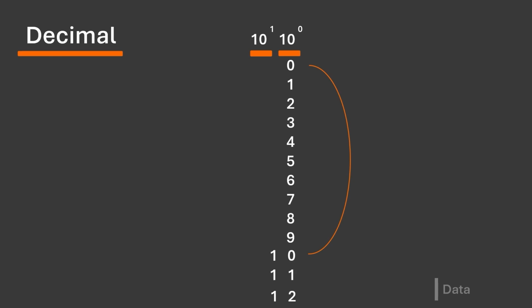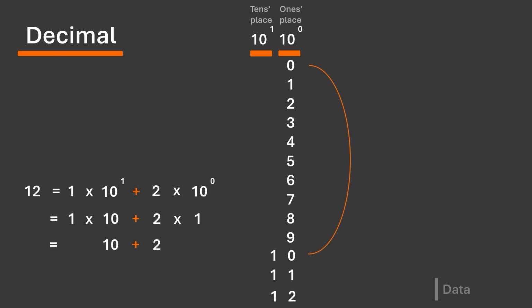And now we can carry on further. 11, 12. Notice the column headers on the top. The rightmost column represents the ones place, which is 10 to the power of 0. And the next column represents the tens place, which is 10 to the power of 1. So we can write the number 12 using the powers of 10, that is 1 times 10 to the power of 1, plus 2 times 10 to the power of 0. As we add more digits, we can expand the range of values we can represent.